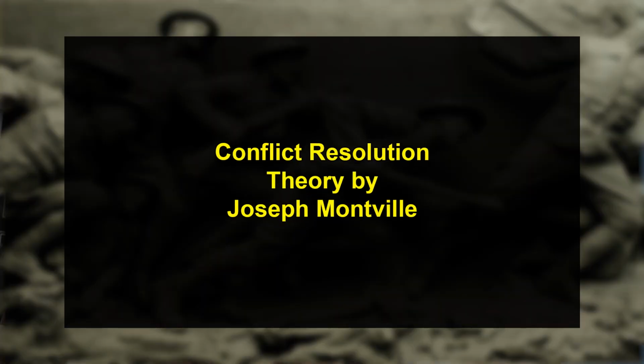Now let us come to the main component of this lecture, which is the conflict resolution model by Joseph Montville. Joseph Montville, a renowned former diplomat, US State Department official, and academic, is renowned for his significant contributions to the field of conflict studies.